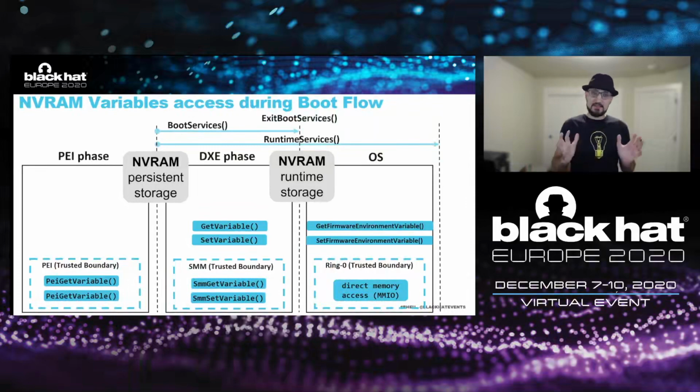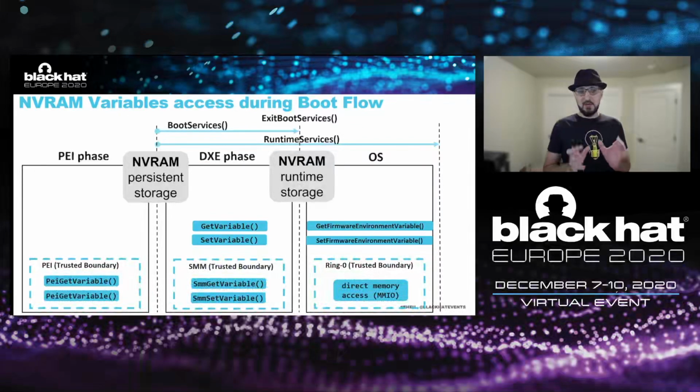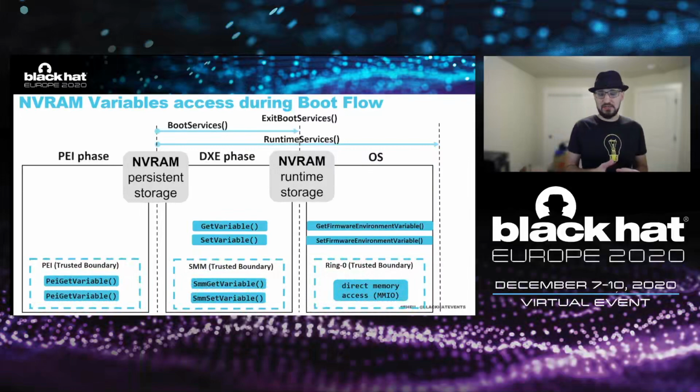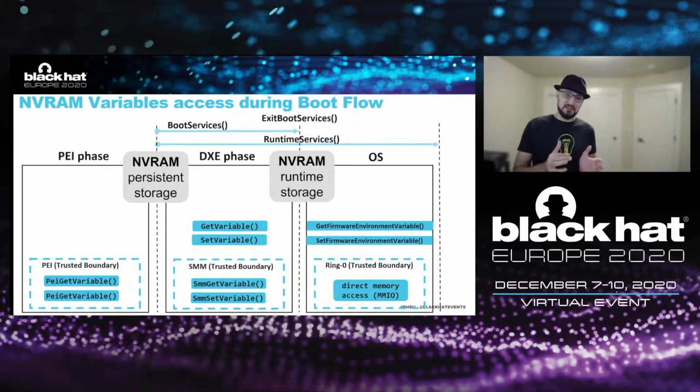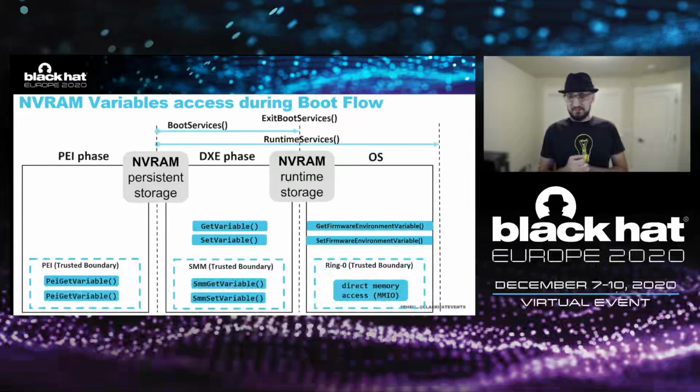Okay, this picture demonstrates how the boot flow transforms access to NVRAM variables. As an example, from the platform initialization stage, we have access to the NVRAM storage, and it's not split by level of access, compared to the DXE phase, where we have interfaces for system management mode and for the normal DXE, and they're separated with different access privileges.